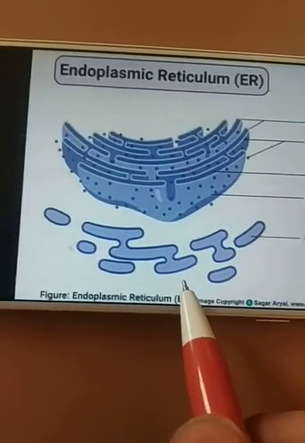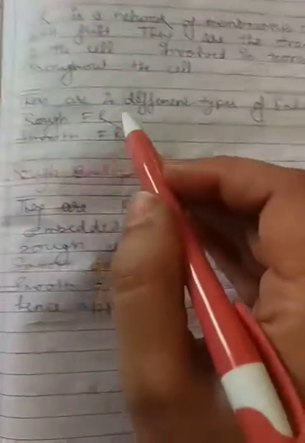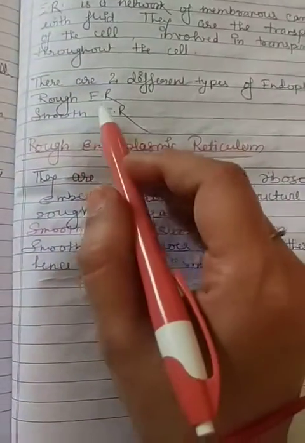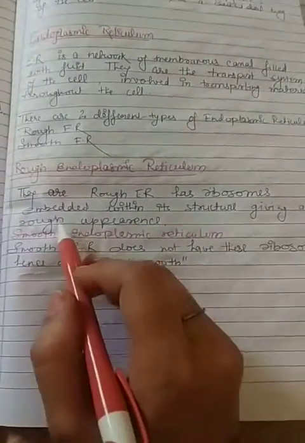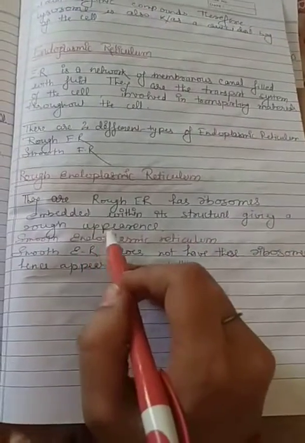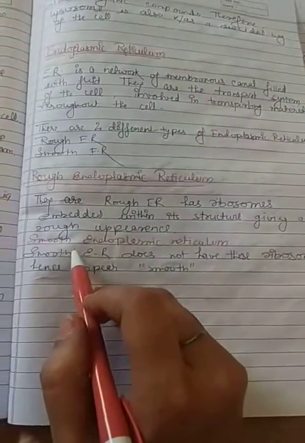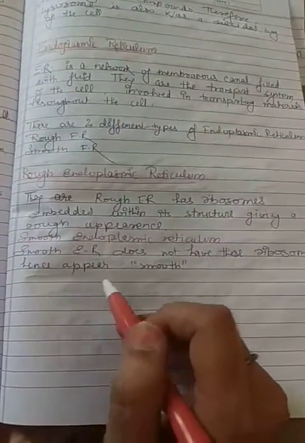That's why it seems smooth. So there are two different types of endoplasmic reticulum, rough and smooth. Rough endoplasmic reticulum has ribosomes embedded within its structure, giving a rough appearance, whereas smooth endoplasmic reticulum does not have these ribosomes, hence appears smooth.